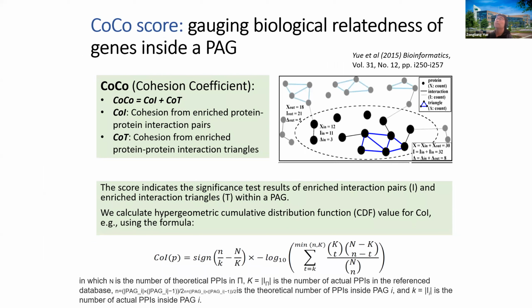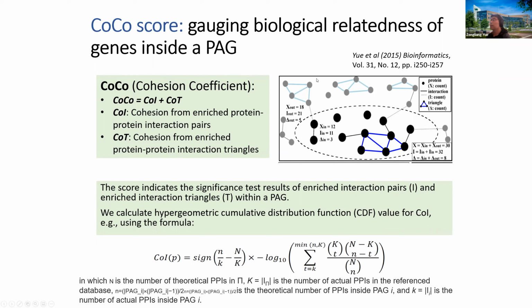Another contribution of PAGER is that we considered whether the PAGs have high biological relatedness by using gene-gene interactions. So we defined a CoCo score, which stands for cohesion coefficient. We evaluate the significance using the hypergeometric test.